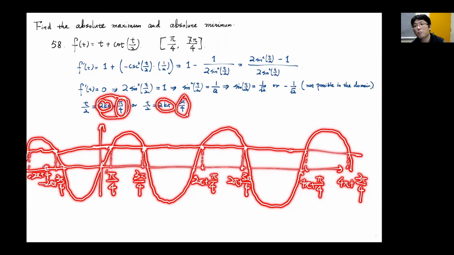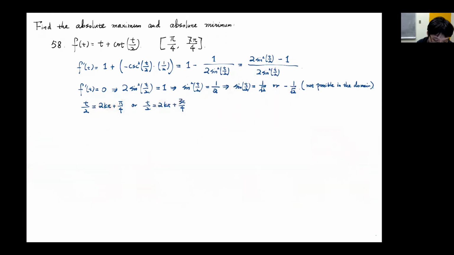Okay, so this is the most general solution to the equation sine of t over 2 equals 1 over root 2. However, for this problem, we have got a domain, and the domain is specified as pi over 4 to 7 pi over 4. So this means we need to determine the possible cases such that t sits inside this region.